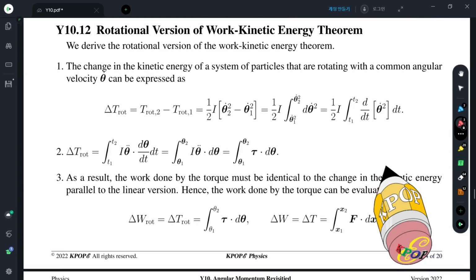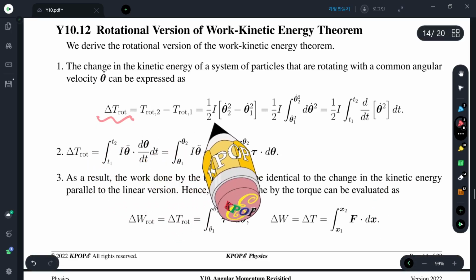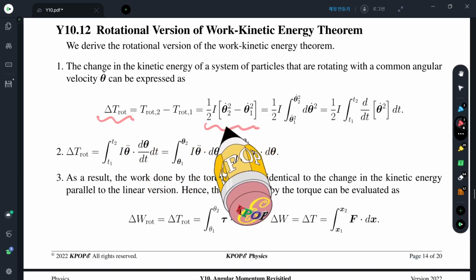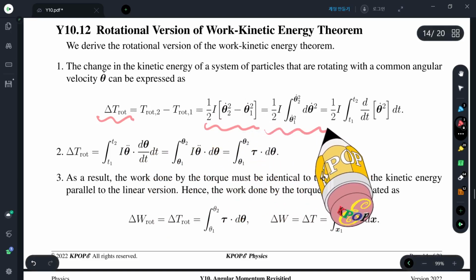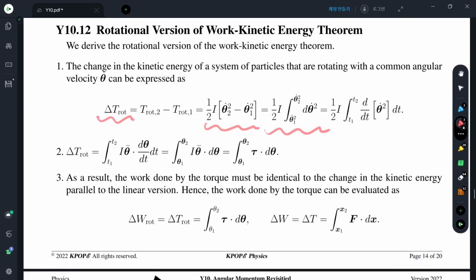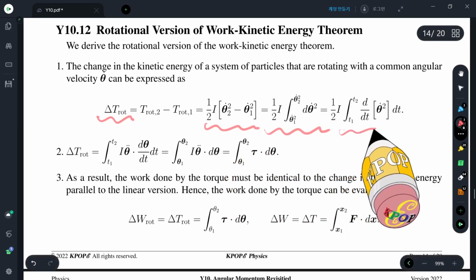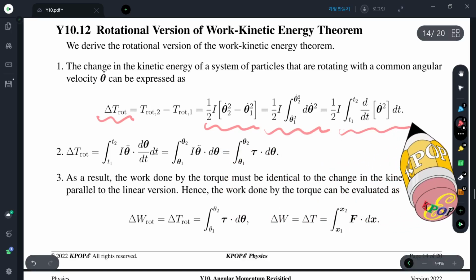Rotational version of the work kinetic energy theorem is essentially the same as the original work kinetic energy theorem. Here, we compute the change in the kinetic energy due to the rotation. And this one comes from this integral, and we can find that this can be expressed as an integral of a total differential.